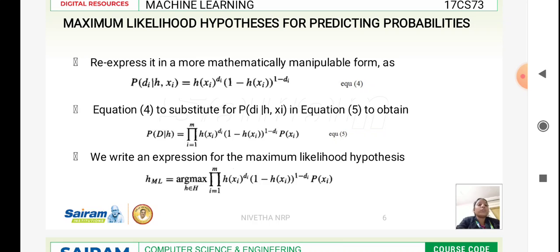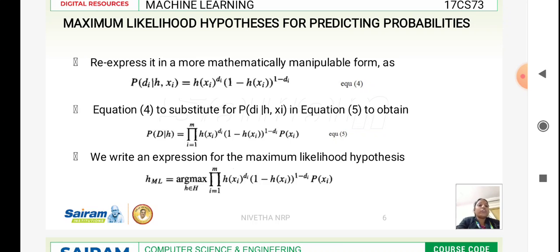And again you rewrite and manipulate the equation to derive the maximum likelihood condition. So the probability of di given h, xi will be h of xi. You can rewrite the equation as follows: h of xi to the power di multiplied by 1 minus h of xi, the whole power 1 minus di.